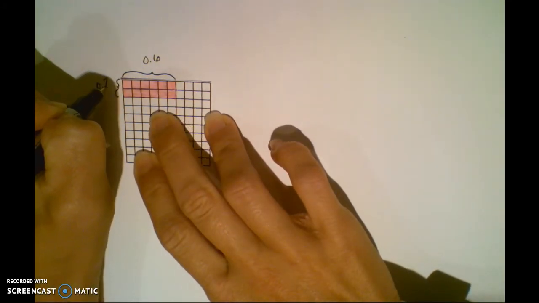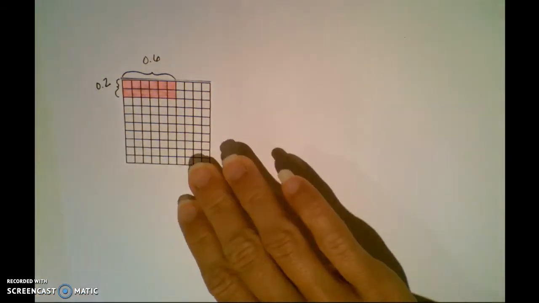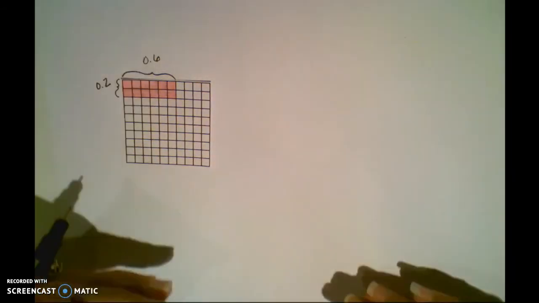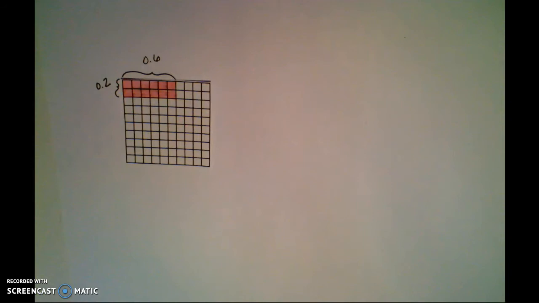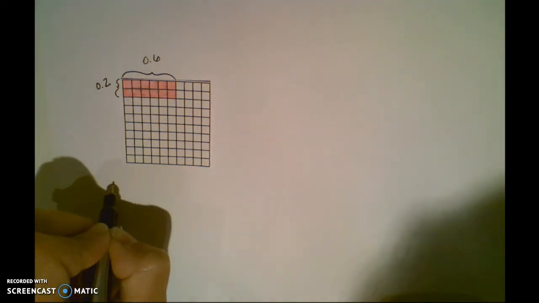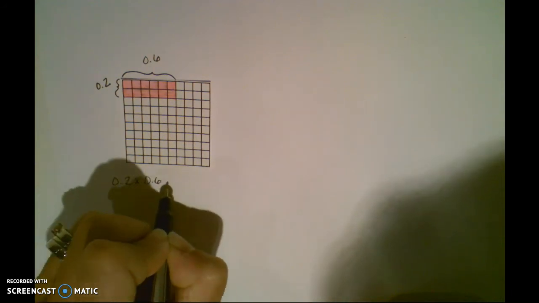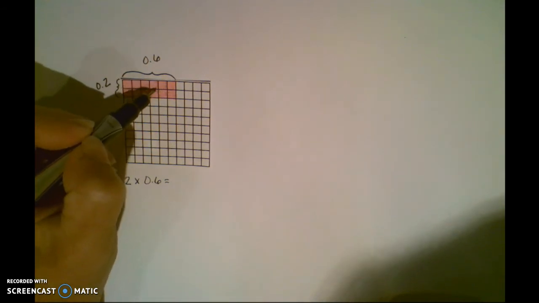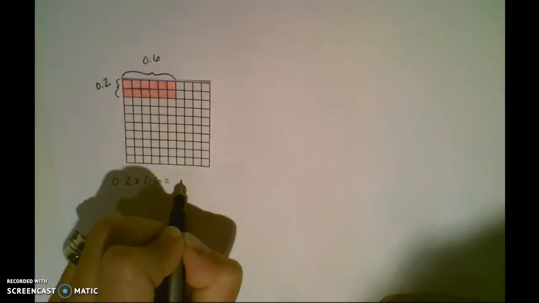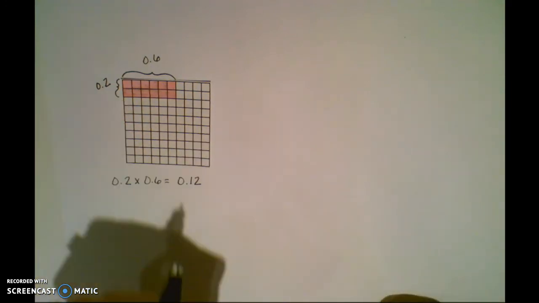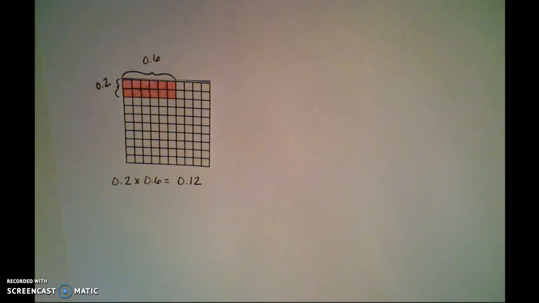So I have shaded in 2/10 of all of the possible rows, okay? So the decimal equation that I've got here is 2/10 times 6/10, which equals, let's see, 1, 2, 3, 4, 5, 6, 7, 8, 9, 10, 11, 12 out of the 100 I could possibly have to make one whole. I don't have a whole grid yet.